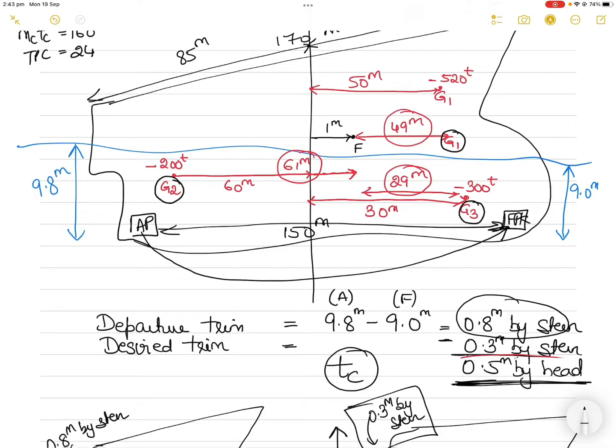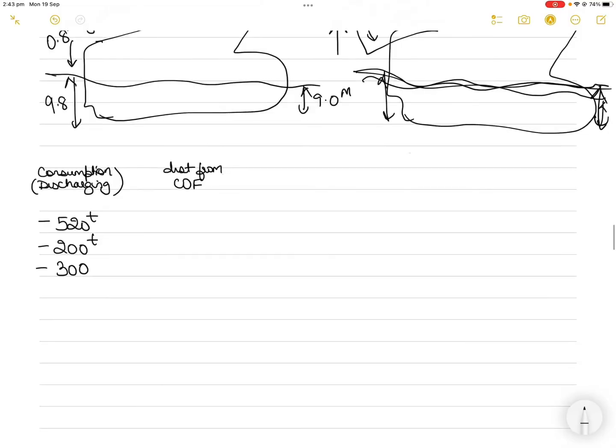And from center of flotation to G3, from where 300 tons is being consumed, is 30 minus 1, 29 meters. I have explained this earlier, so I think you get it. So in the first case it was 49, then 61, and then 29.